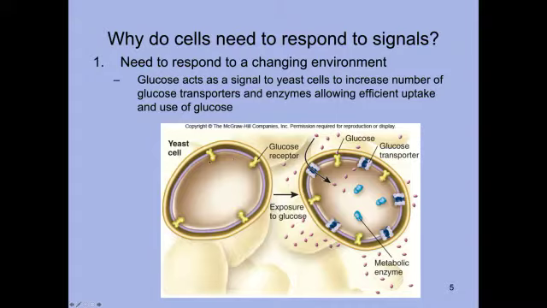So if it just makes a couple of these glucose receptors, then when glucose becomes available, it now can divert some resources to making everything necessary for metabolizing glucose. But there's no reason to use up all of those resources if there's no glucose to metabolize. So this ability to receive a signal and adapt to a changing environment makes cells incredibly efficient with their resources.